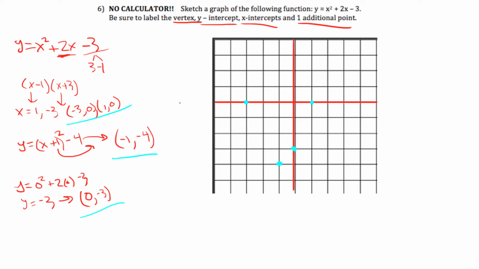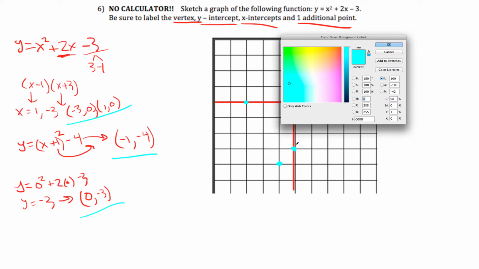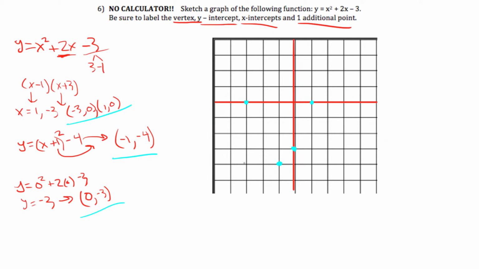Okay, and the reason that I did not yet draw in my last point, or talk about the 5th point that I'm going to find, because it says one additional point, is because I want to draw my axis of symmetry.